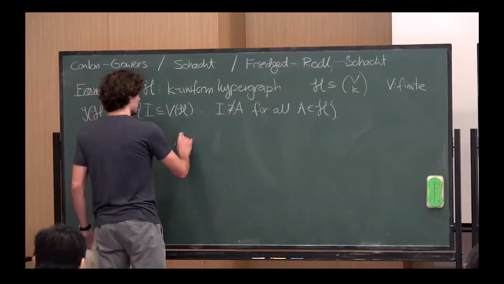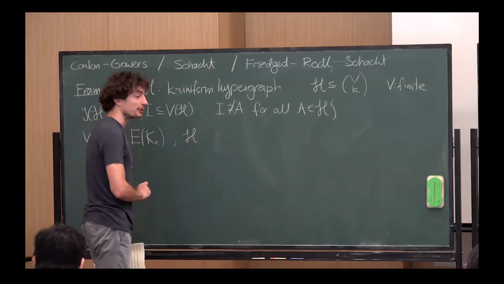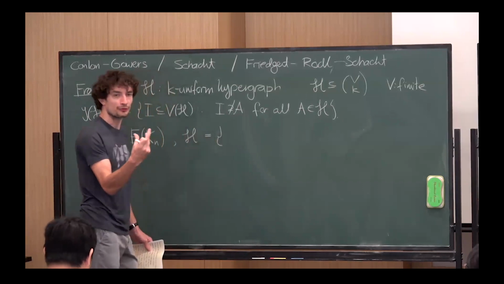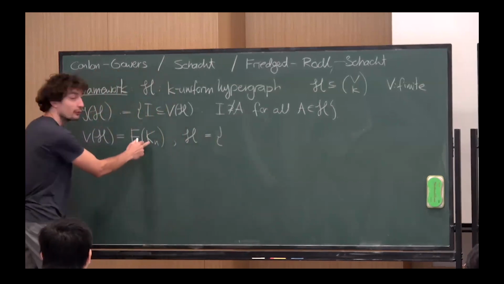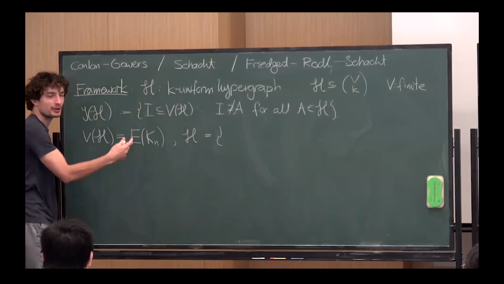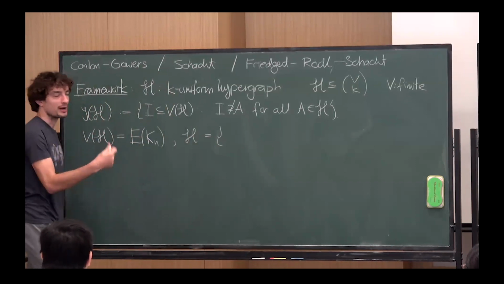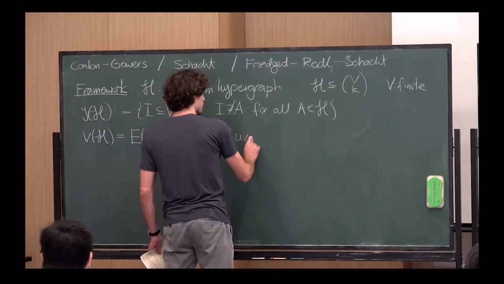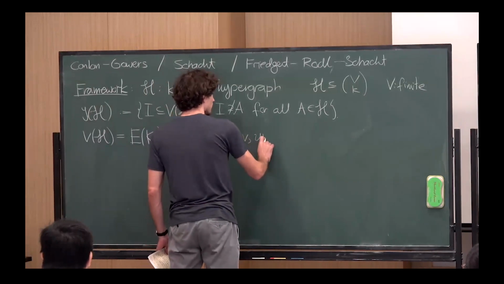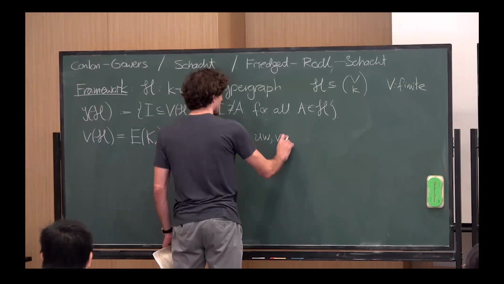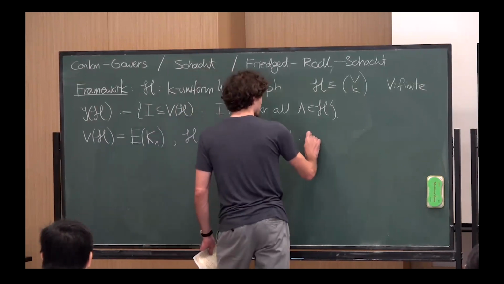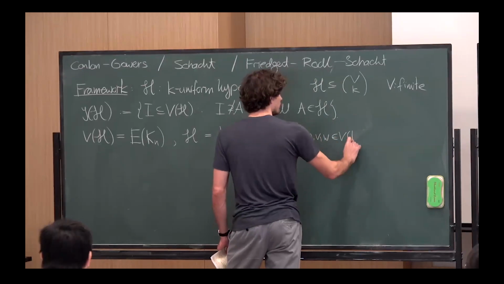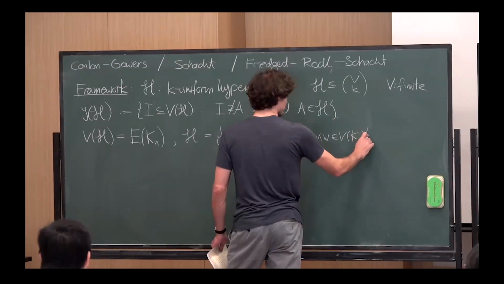And the edges of this hypergraph will be triples of edges of the complete graph that together form a triangle. So these are the collections of all uv, uw, and vw, such that u, v, and w are vertices of the complete graph.